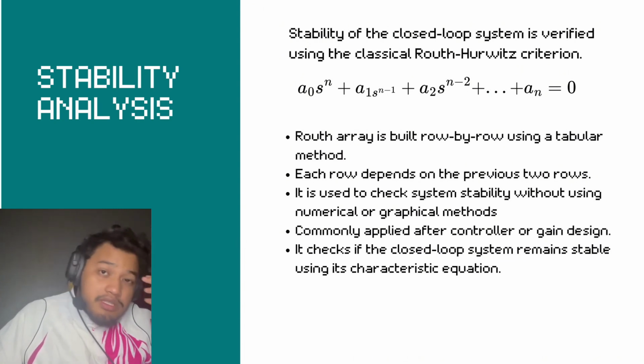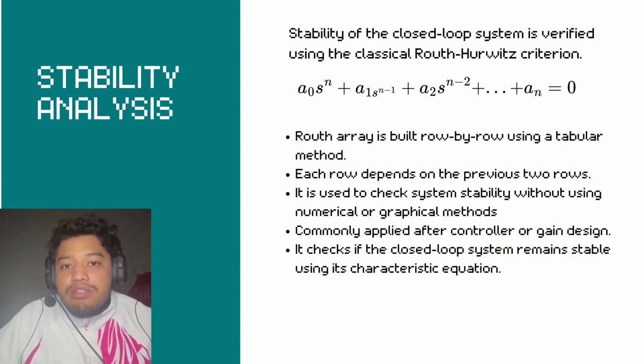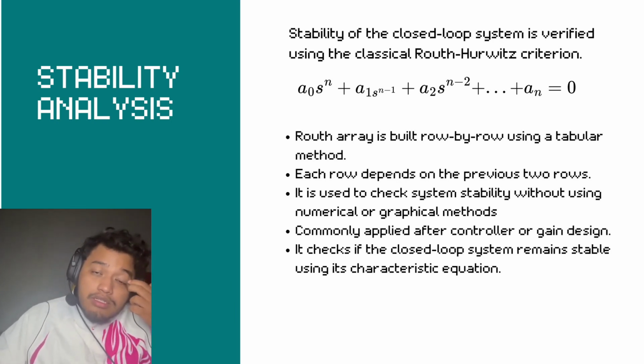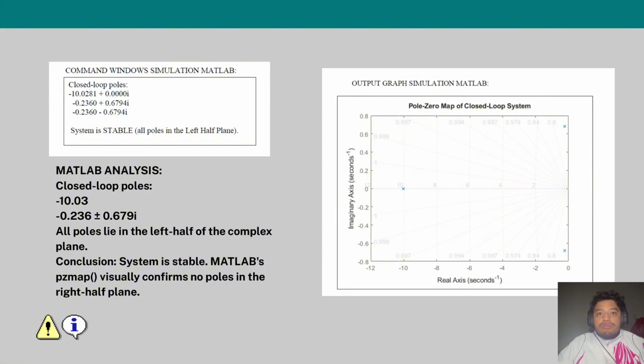This is especially valuable after control design to ensure that gain adjustments haven't destabilized the system. So, for MATLAB analysis, we support our theoretical analysis with MATLAB using the pzmap function.